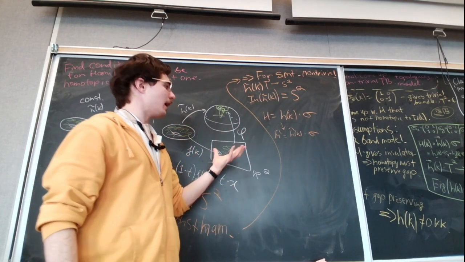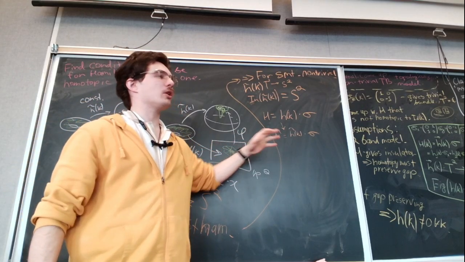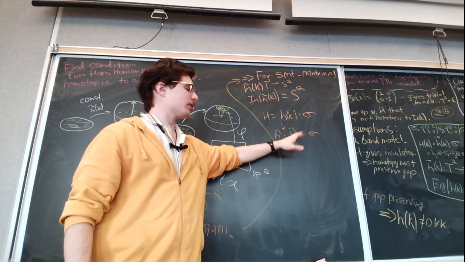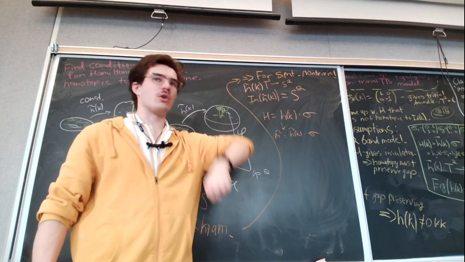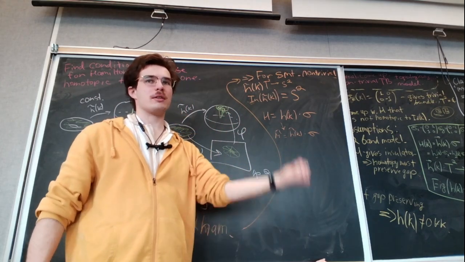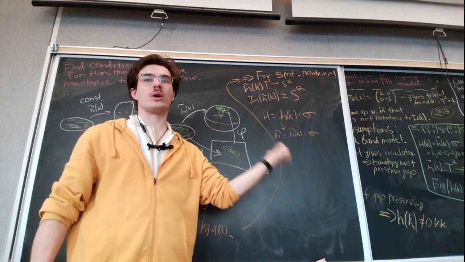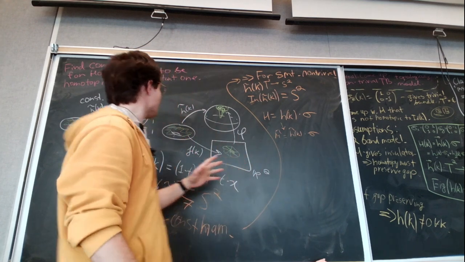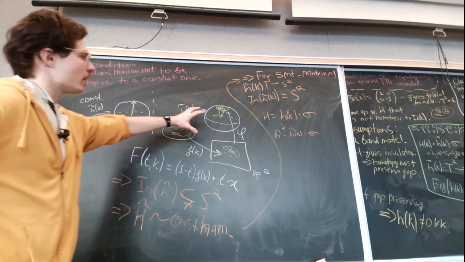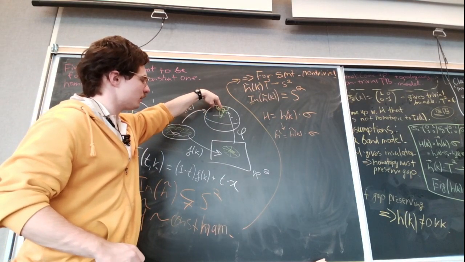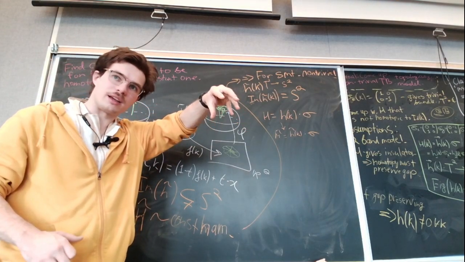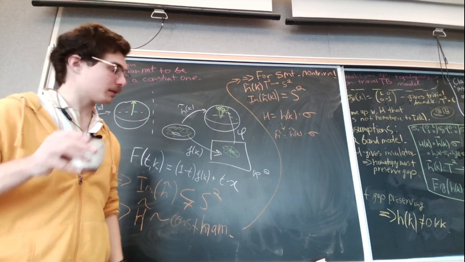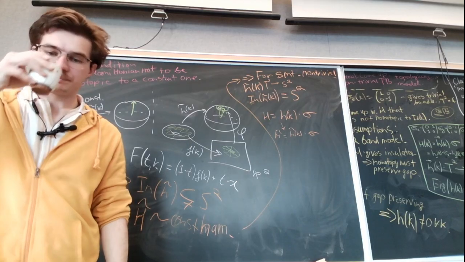And if I don't want this to be homotopic to something constant, then this h of k should cover the whole sphere. So for every point in the sphere, there's at least one k where h of k gives me that point. Otherwise, it's defined in some region of the sphere, and I can contract it to a point, and this will be homotopic. Okay, do you agree? Very good.